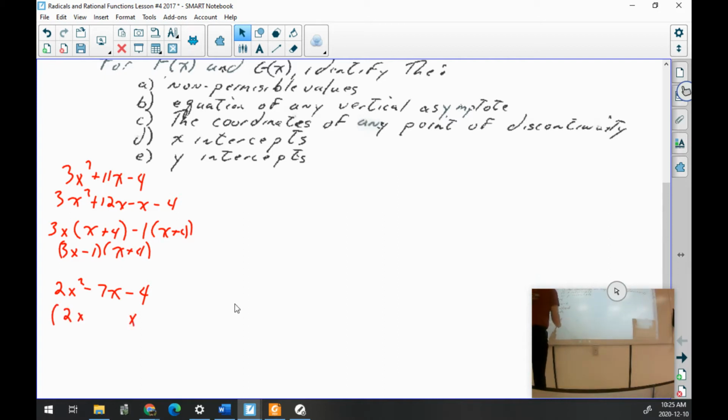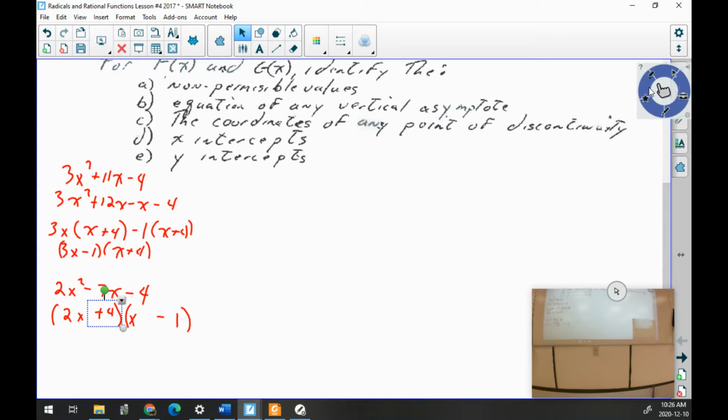I know we have to start with a 2x and an x. And I'm going to play a little bit with my minus 4. I can have a minus 1 here and a positive 4 here. When I test that, I've got negative 2x plus 4x. That doesn't give me my negative 7. So my trial and error didn't work in that case, or hasn't worked yet.